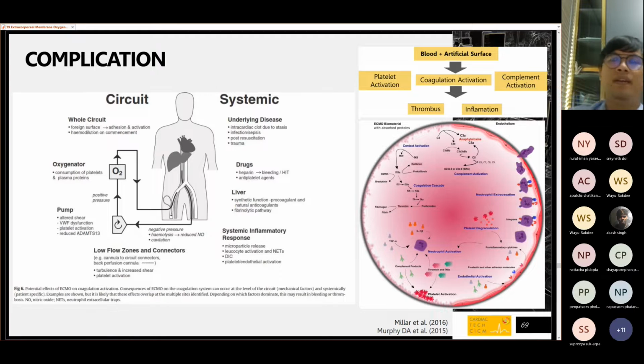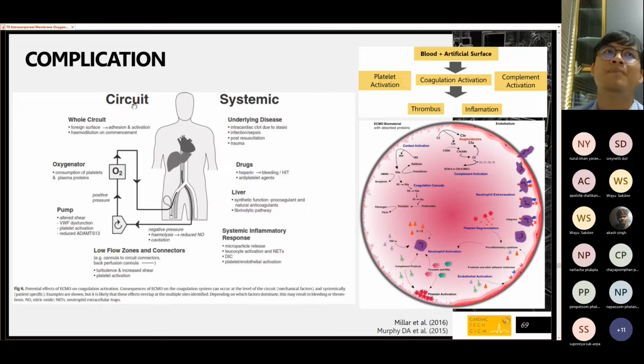So the same, and finally it's going to cause the inflammatory response. This is a consequence. If you want to go deeper into the detail of this, you need to see this paper, but I'm just showing you the consequence of blood contact with the artificial surface.